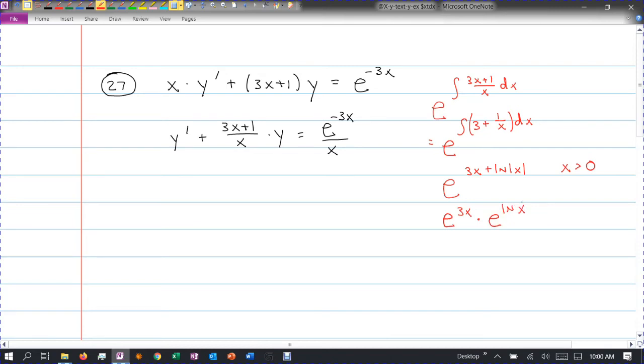We've done that a couple of times now, and then that's just e to the 3x times x, and that's our integrating factor.